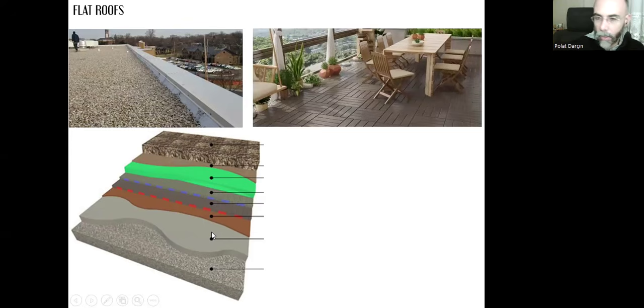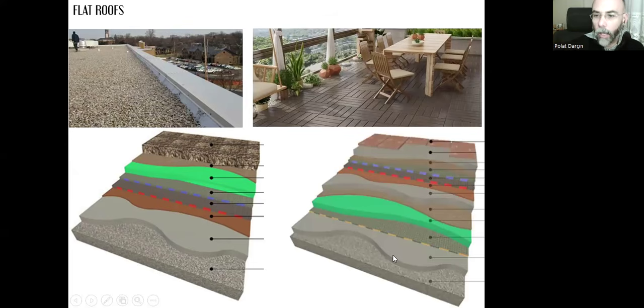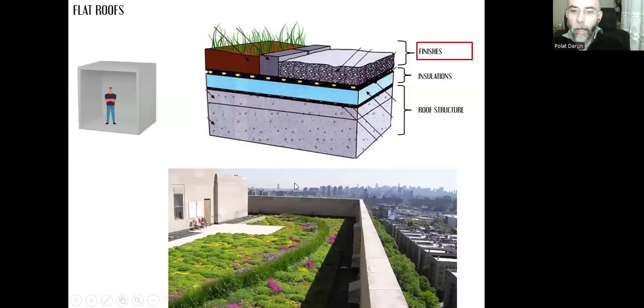In the second example, we have a roof that we can use as a living space, and now we can have a different layering. Here, the heat insulation is underneath the water insulation, and over the water insulation, we can place the floor covering like that. The third option can be, as I told you, the green roof, where we can place either earth and have these tiny plants.